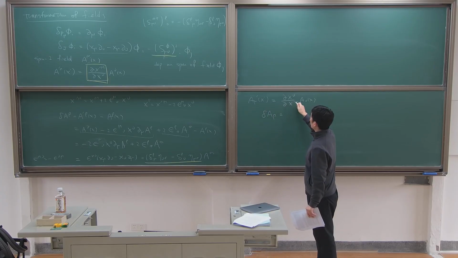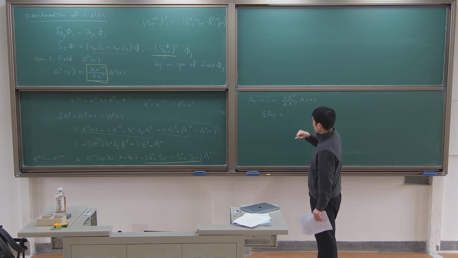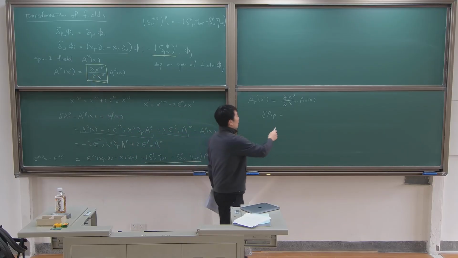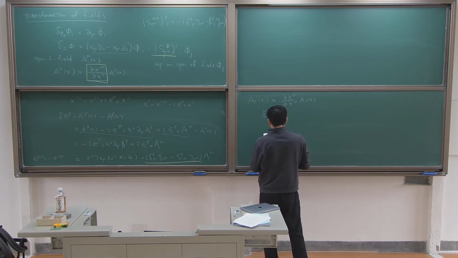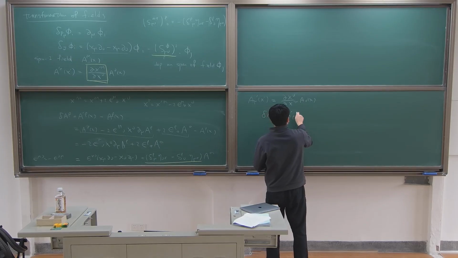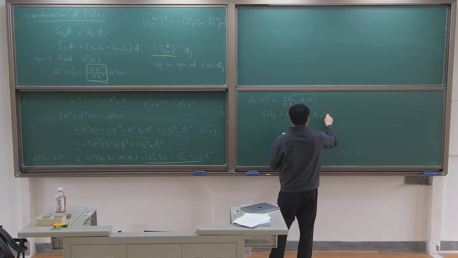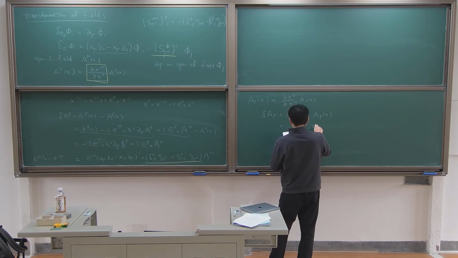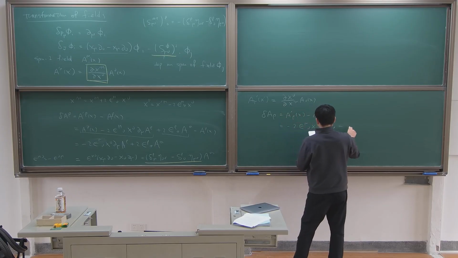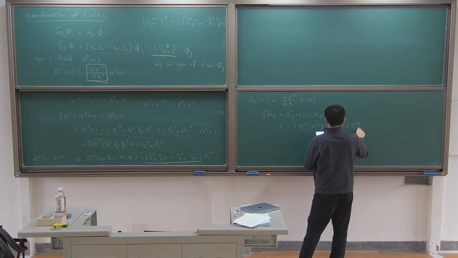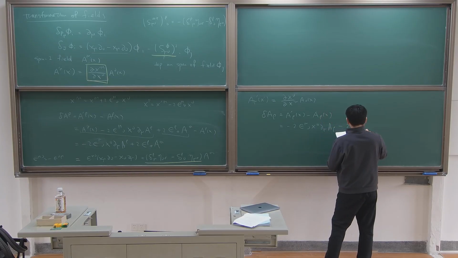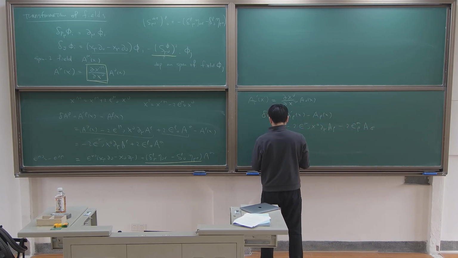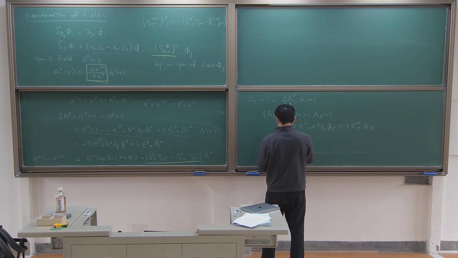Now x prime is upstairs here, whereas it is downstairs there, so you get an extra minus sign. A prime rho of x prime minus A rho of x is equal to epsilon mu nu. This part is the same, but here is the extra minus sign.